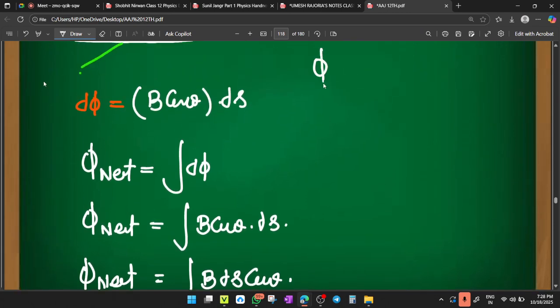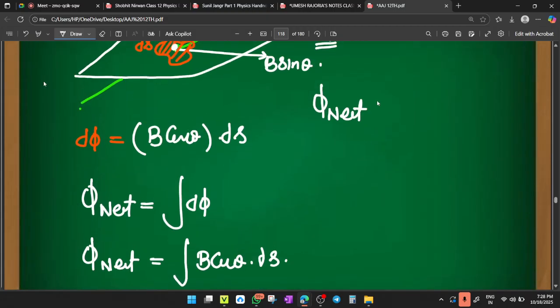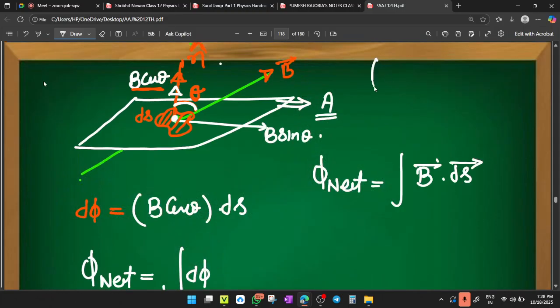Now phi net equals, can you write this as B dot dS? Very sure. Why B dot dS? Because by the formula of the dot product, A dot B equals mod of A, mod of B cos theta. Yes or no?